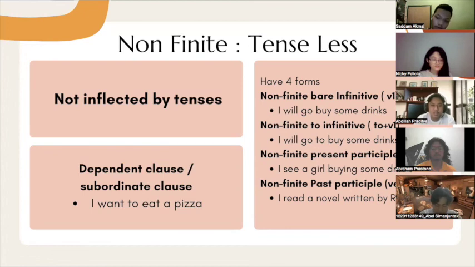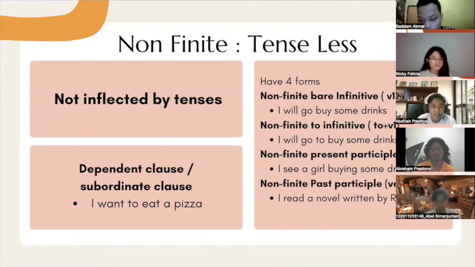To, which is followed by verb 1, is a non-finite clause. The third is the non-finite present participle, which uses verb-ing. For example, I see a girl buying some drinks. Buying some drinks is a non-finite clause, which is a non-finite present participle.